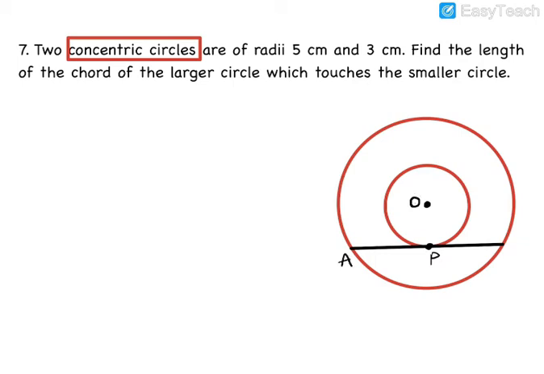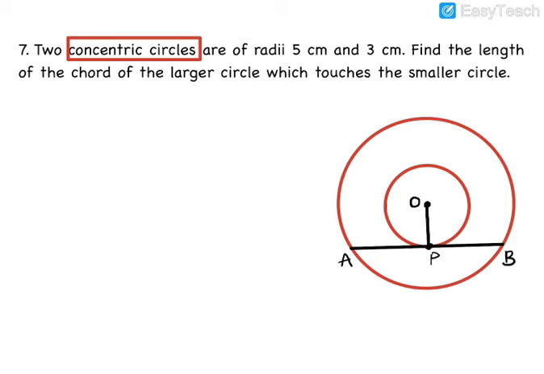Let's label the chord as AB. While AB is a chord of the larger circle, it is a tangent to the smaller circle because it touches the circle at point P, which is the point of contact. Let's join the center to the point of contact.